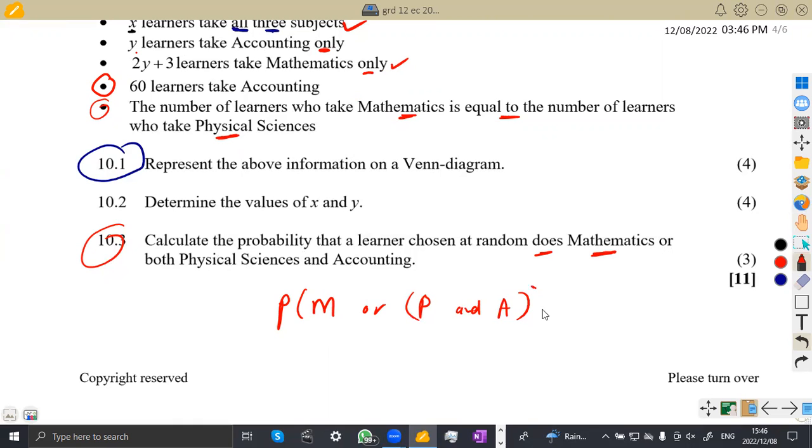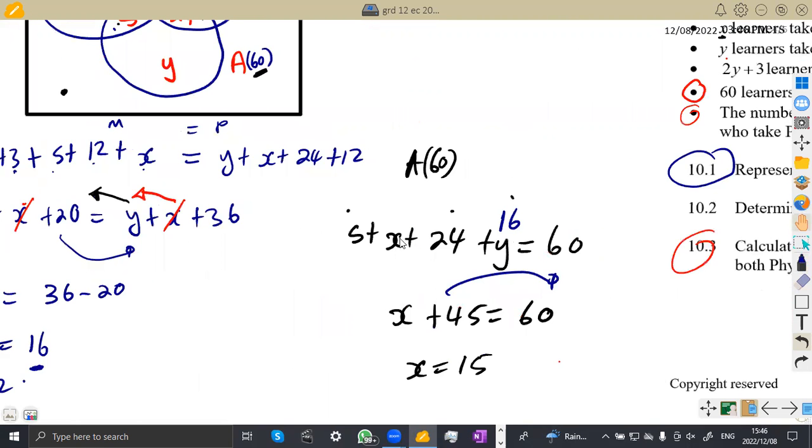So that means we are going to take the mathematics as it is. Then we take the part that has got physical sciences and accounting, which means P intersection A, the intersection of physical sciences and accounting. All right, so let's start with M first.